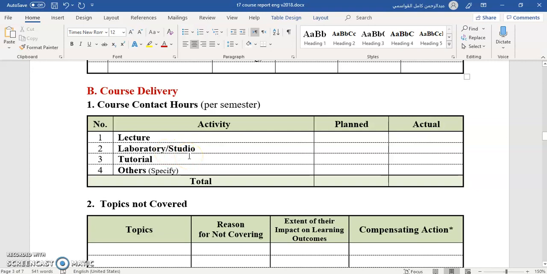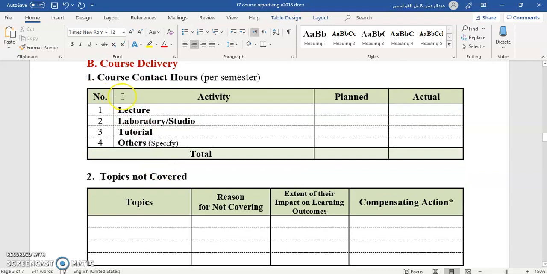So what I wanted to say in the beginning of this lecture, on how to fill the course report, is that you have to prepare your course specifications. You have to prepare your course summary and results of exams in order to fill the course report.